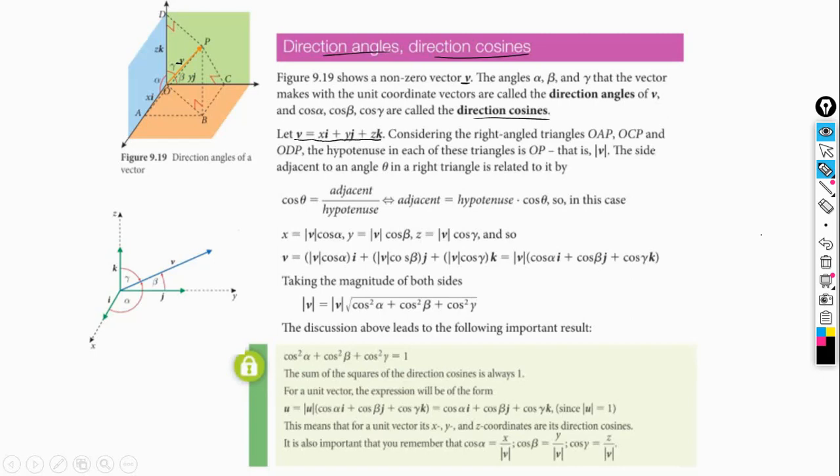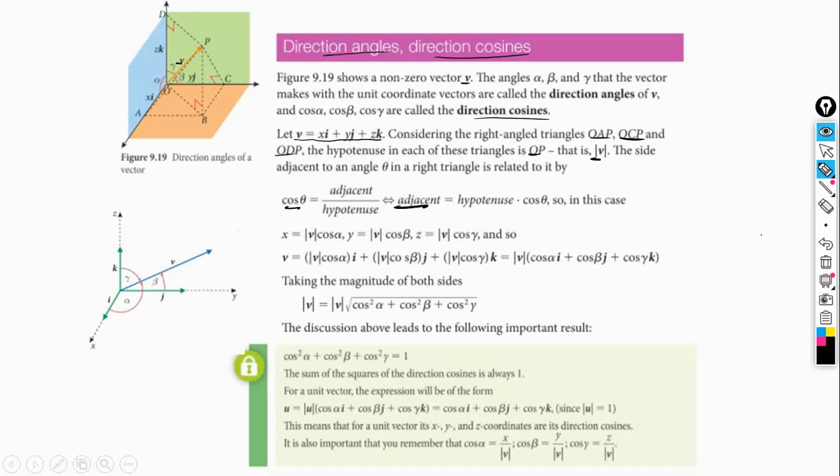Considering the right-angled triangles OAP, OCP, and ODP, they all share the same hypotenuse, which is OP, or the magnitude of v. Now, the side adjacent to an angle theta in a right triangle is related to it by cosine of theta equals adjacent over hypotenuse.